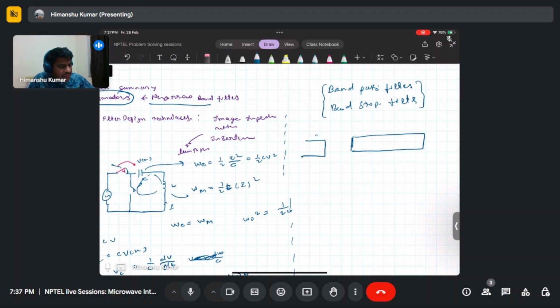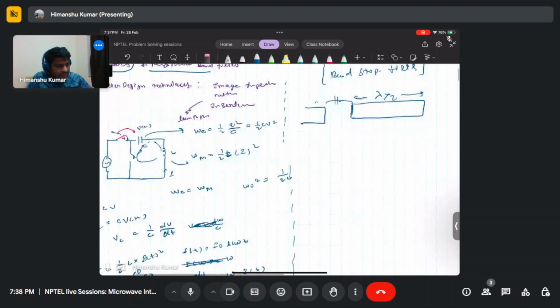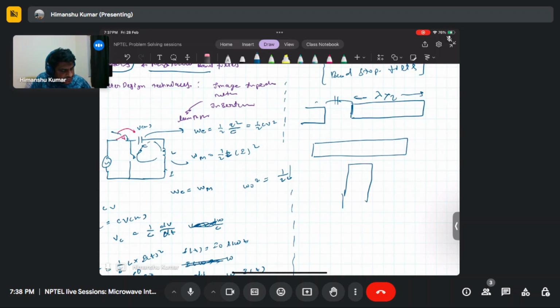So let's say this line is lambda by 2, and you create an air gap. That air gap capacitively couples these two lines, and you can add a component in parallel or shunt. Let's say this is your line, and if you add a section line in shunt, this is the series combination and this is the shunt combination.